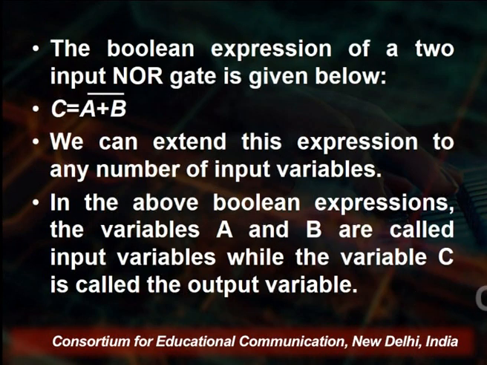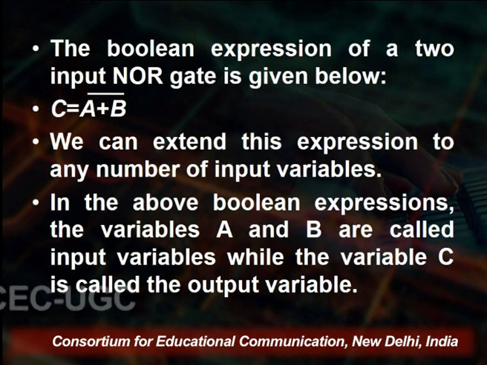Now, you see that C is equal to (A plus B) bar. NOR means inverted OR. So C, which is the output, is equal to the inverse of A plus B: we have two inputs, we add them, and then we take the inverse. This is the Boolean expression of the two-input NOR gate.